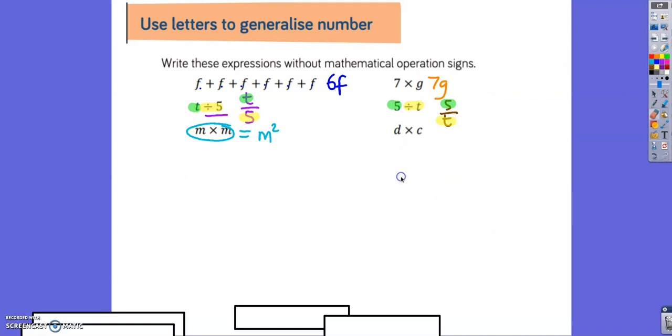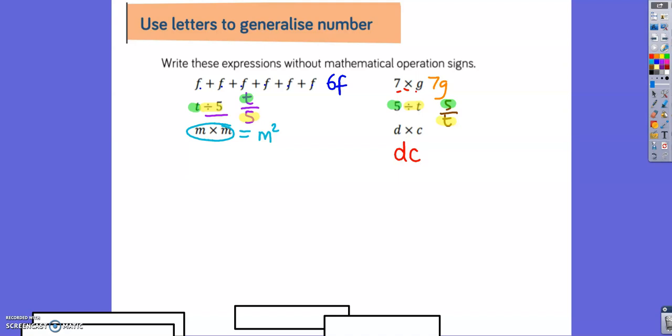This has similarities to if I was taking 7 times g, for example. For 7 times g, I had 7 lots of g. Here, I have d lots of c. So I would have it as dc. That would be my representation of d multiplied by c.